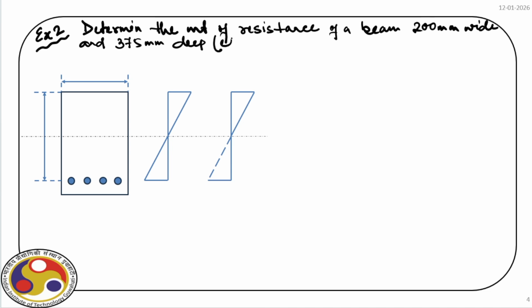This is the effective depth, that means from the top fiber to the center line of the rebar. So this is B and D, they are given.